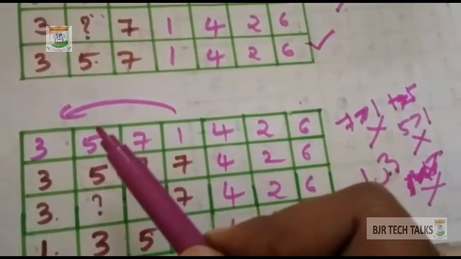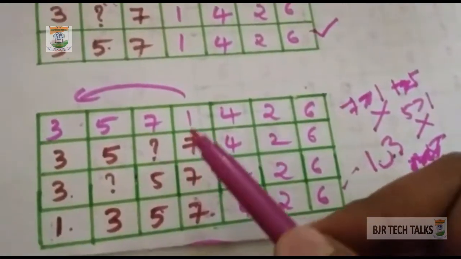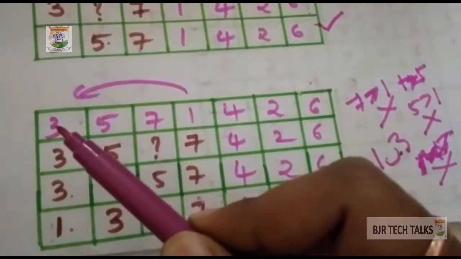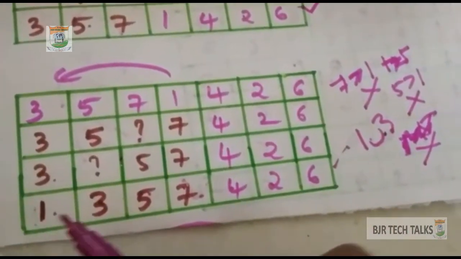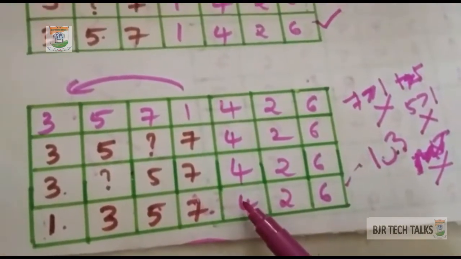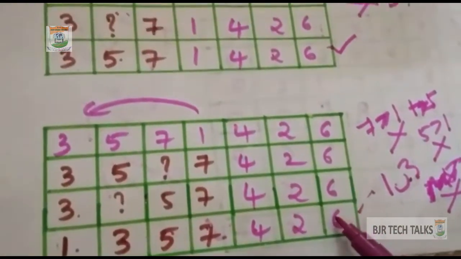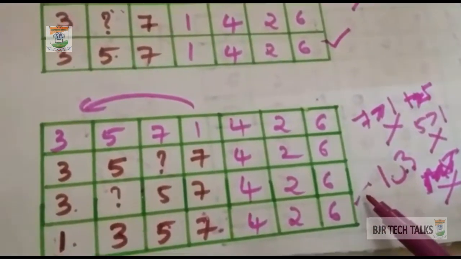When 1 is compared with 5, 5 is greater than 1, so the places change, and when 1 is compared with 3, 3 is greater than 1, so the places change. So 1, 3, 5, 7, 4, 2, 6 is the answer of the third iteration.